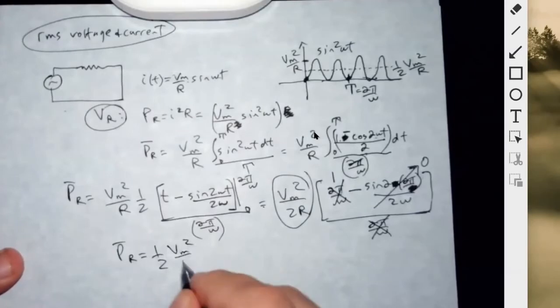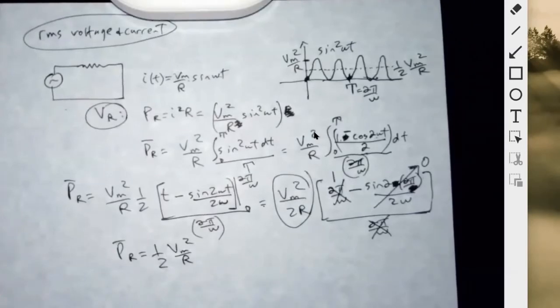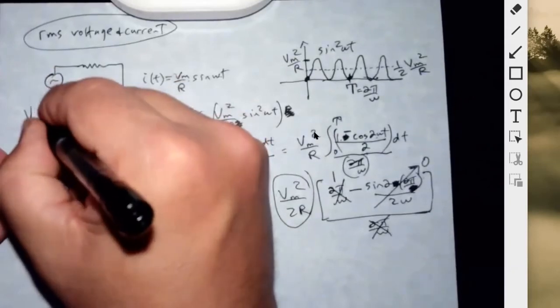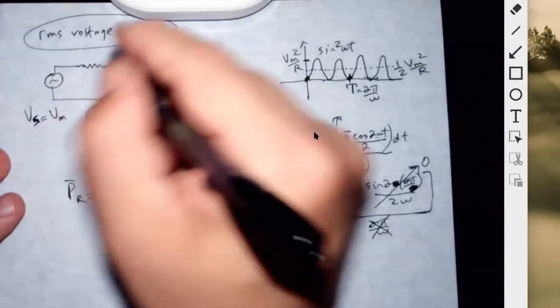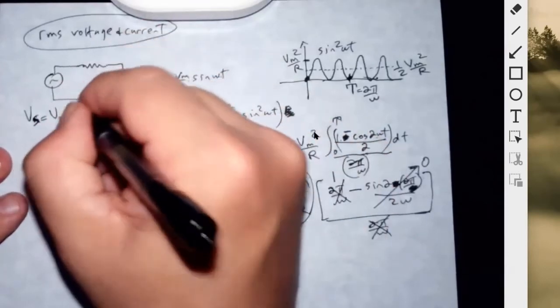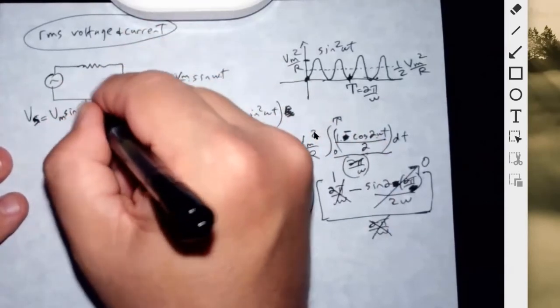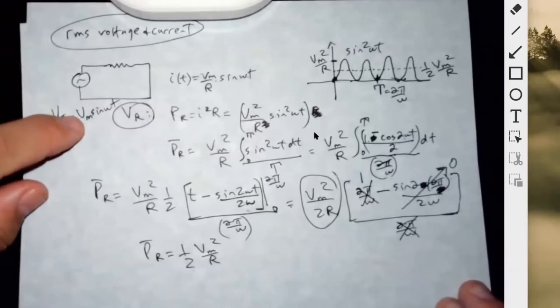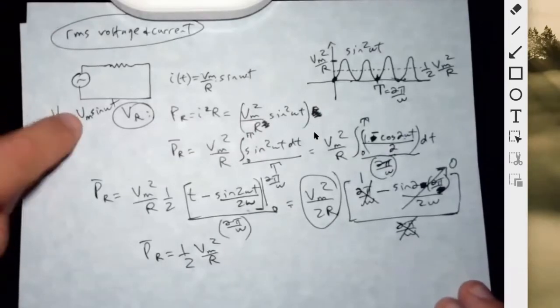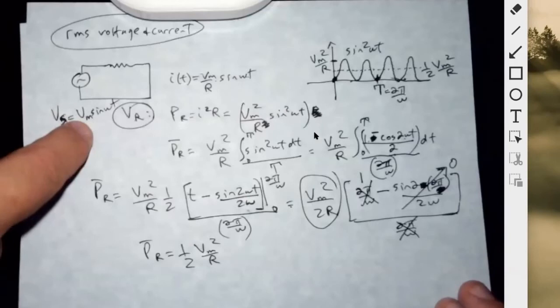Okay, so now what is the effective voltage of the source? The source voltage was Vm sine of omega t. So what's the effective voltage of the source? The maximum voltage of the source is Vm.